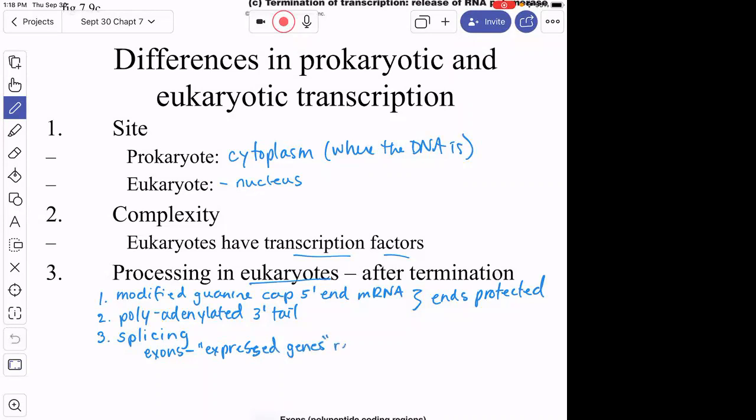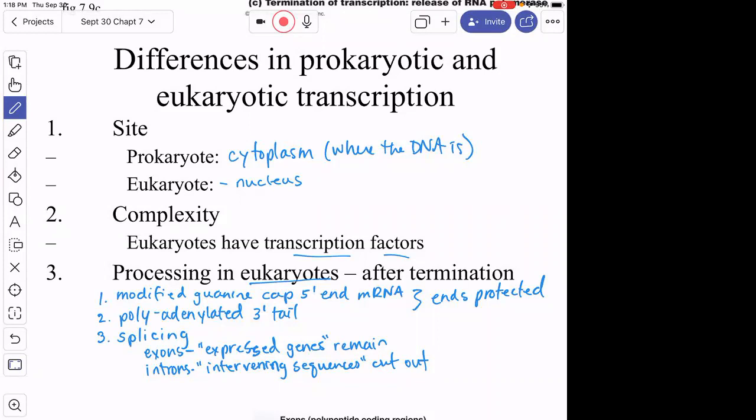Okay, they are going to remain. And the introns, you could think about them as intervening sequences. Those get cut out. Okay, so exons are expressed, introns are gotten rid of.